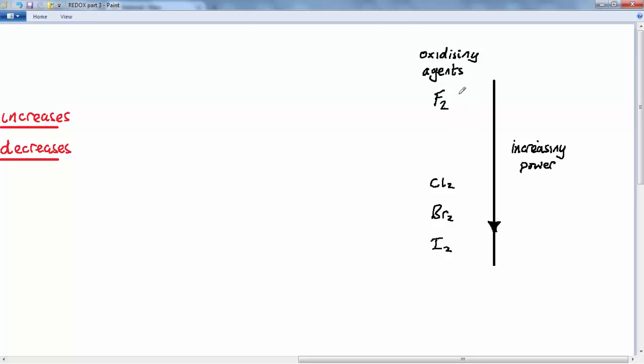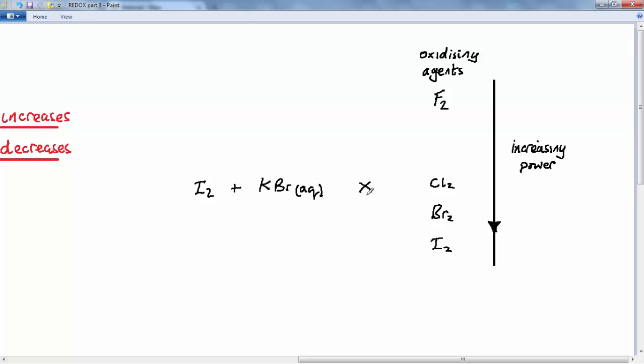As you can see in this table, the oxidizing power decreases as you move down group 7 from fluorine to iodine. So if we had a solution of potassium bromide, we would not expect the bromide ion to be oxidized by iodine, for example, because iodine is below bromine in the reactivity series. So we would expect no change, no reaction at all between iodine and potassium bromide.